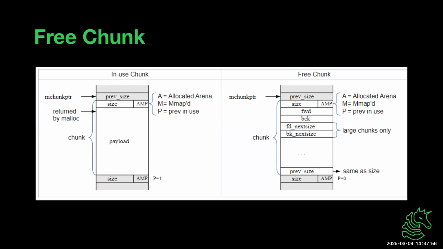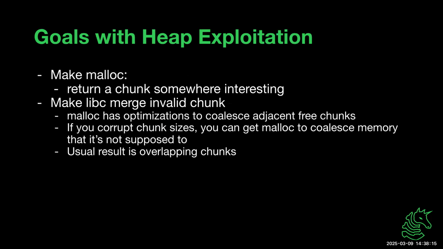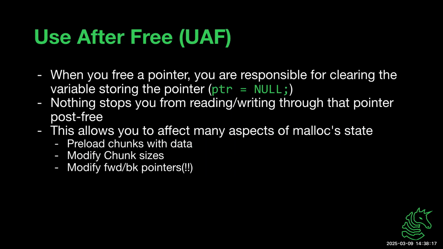Malloc is using the user data to store all of this metadata. If I now continue to use this chunk, I can corrupt all of this, right? In particular, if I corrupt the forward and back pointers, that usually is a quick exploit. A concrete example of this is Tcache poisoning.